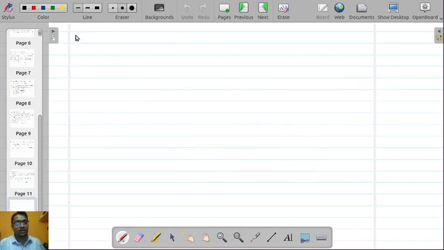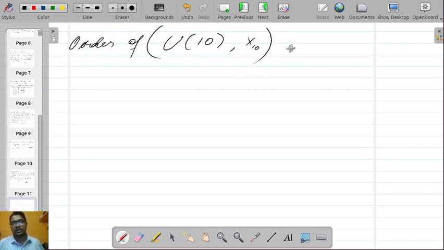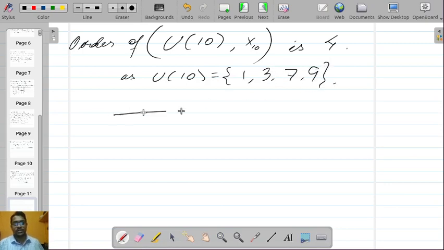Similarly, order of U10 with respect to multiplication modulo 10 is 4, as U10 is the set {1, 3, 7, 9}.